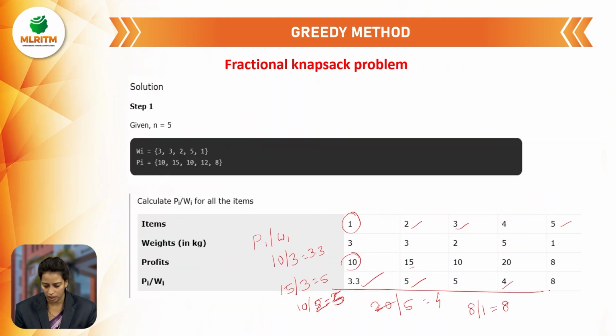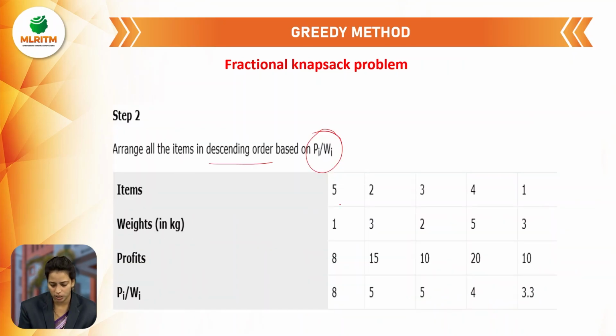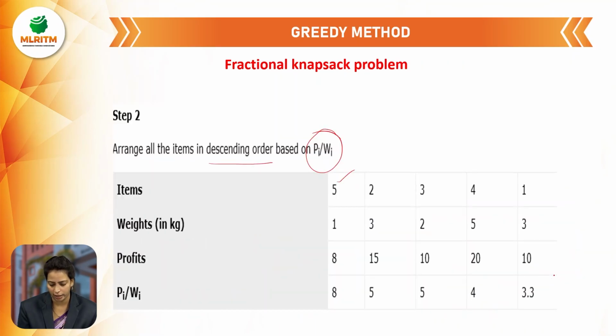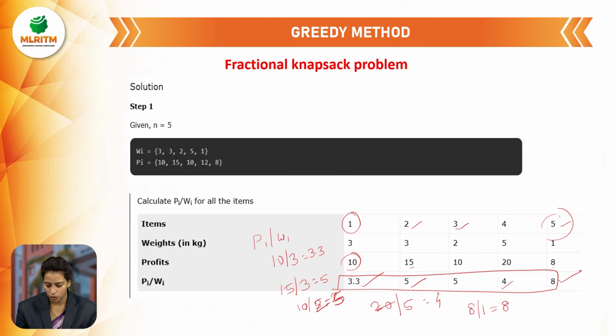So these are the Pi by Wi ratios. Which is the highest one? 8. The corresponding item is 5. So we place item 5 first. Corresponding weight is 1, profit is 8, Pi by Wi ratio is 8. Next, which one is the next highest? Here 5. The second item's Pi by Wi ratio is 5, and the third one is also 5. In this case, we consider first in first out, right?